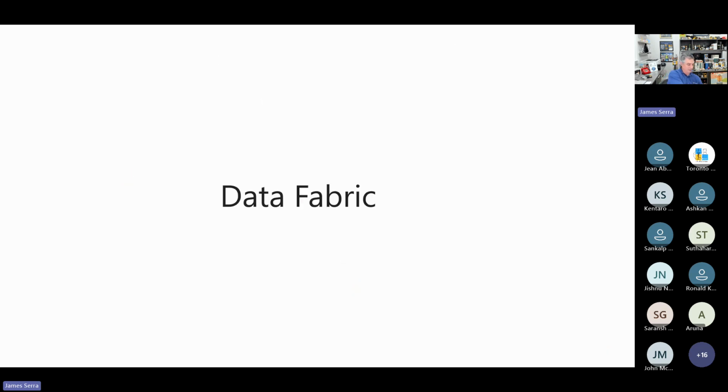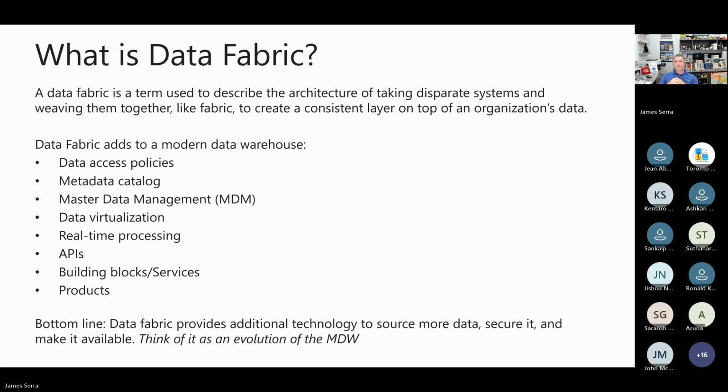The next one, that architecture, is the data fabric. And this is where my definition may be different than others.